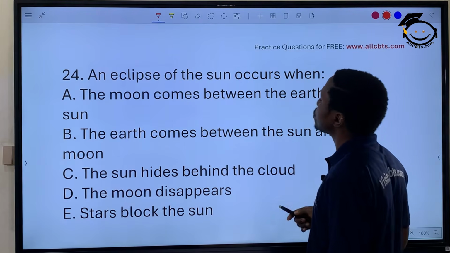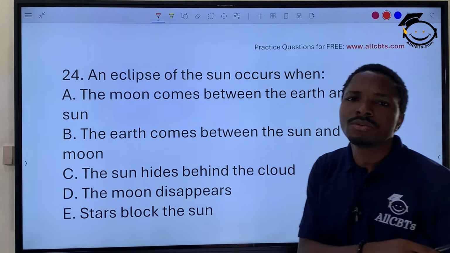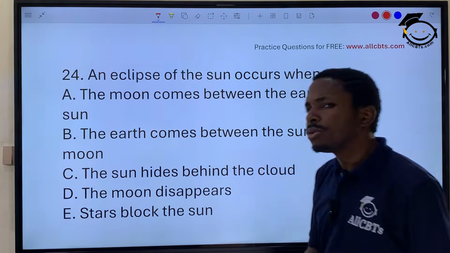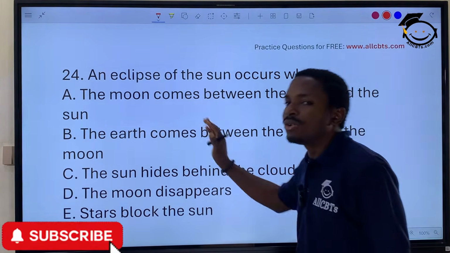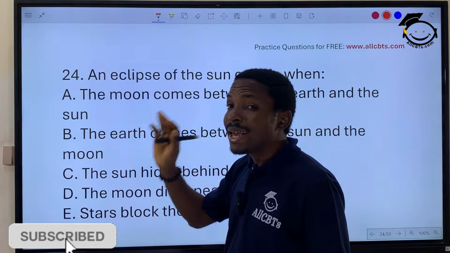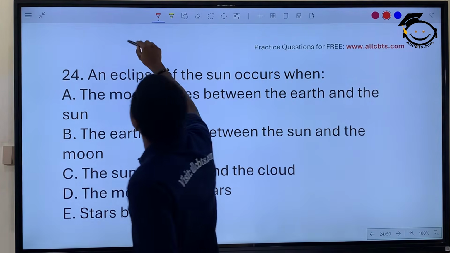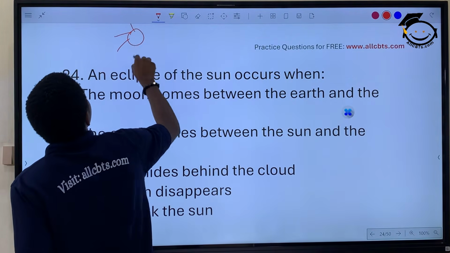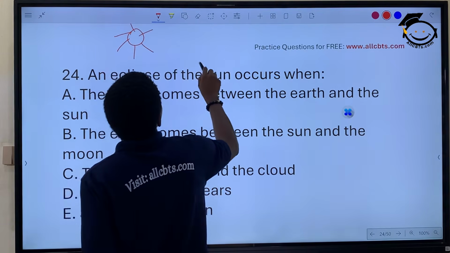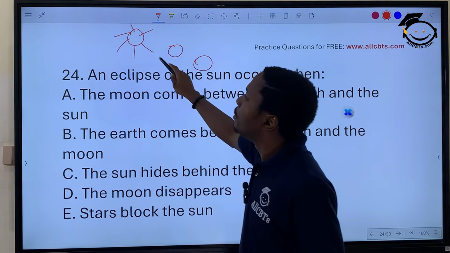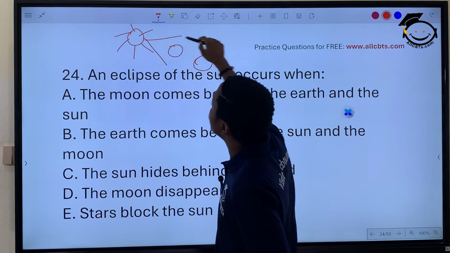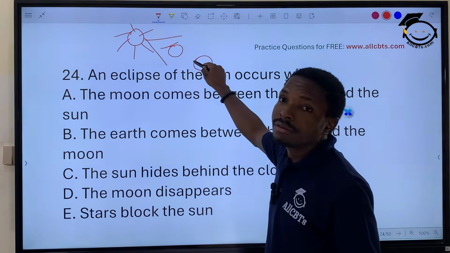24. An eclipse of the sun occurs when what? What's an eclipse of the sun? A. When the moon comes between the earth and the sun, correct. So what happens during the eclipse of the sun is that this is the sun, this is the earth, then this is the moon. So the moon blocks the rays of the sun from reaching the earth.